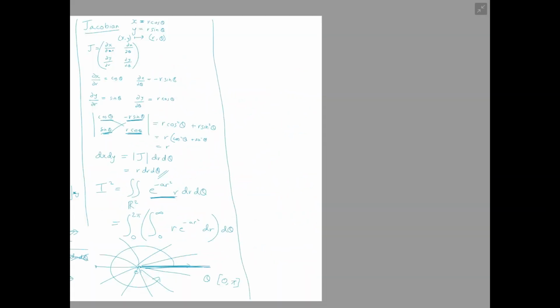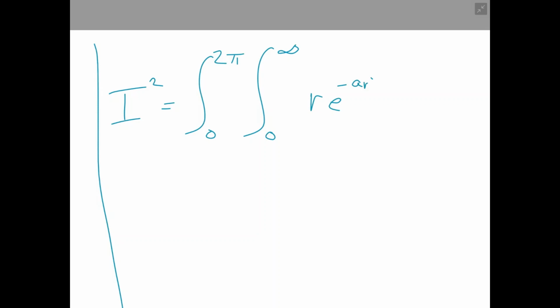So now that we know what the limits are, we can actually get to working out the integral. So I squared is the integral from 0 to 2 pi of the integral from 0 to infinity of r times e to the minus a r squared dr, and then we integrate that with respect to theta.